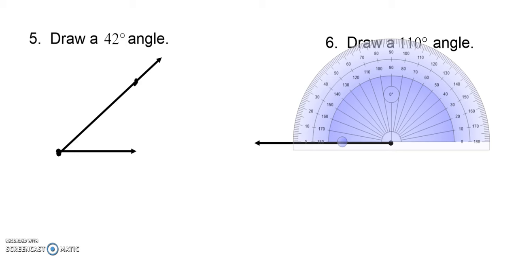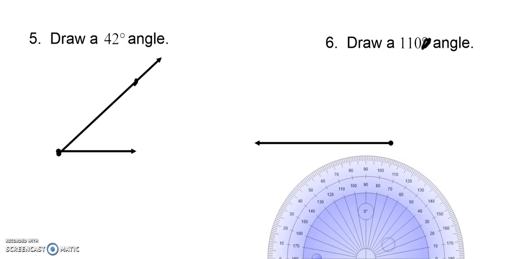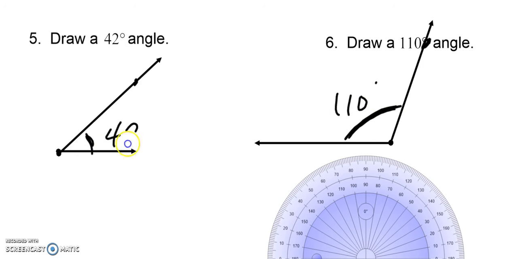So 110 degrees is approximately right about there. So when I draw my ray, I'm going to go from my common vertex up to that 110 degrees. So this angle in here is an obtuse angle of 110 degrees, which makes sense, and this angle down here is an acute angle of 42 degrees.